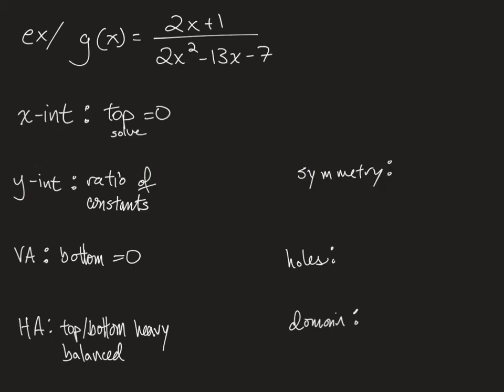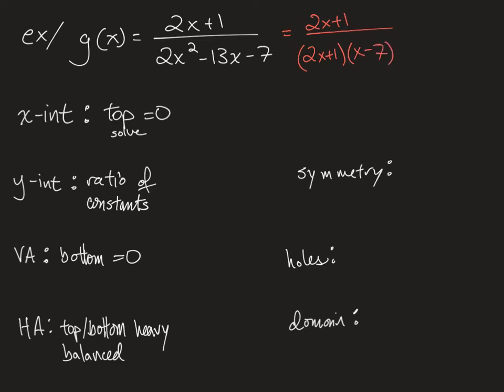Here is another example. The first thing you want to do when you're working with rational functions is find the restrictions. If you factor the denominator, you'll get 2x plus 1 all over 2x plus 1 times x minus 7.